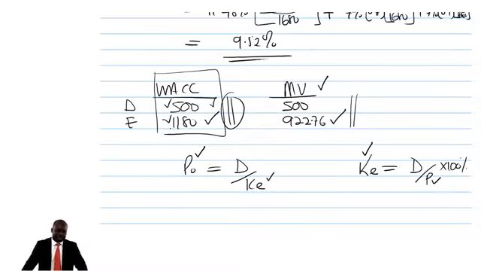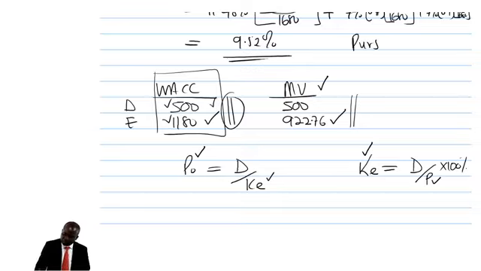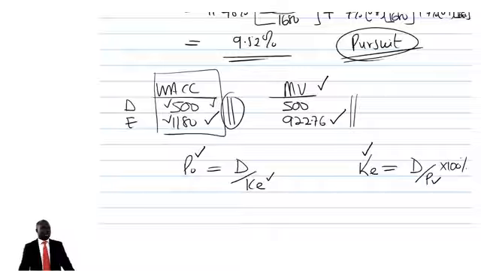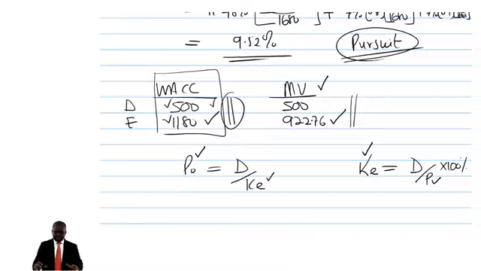I think it's June 2011. Okay, you can also have it from your revision kit. It's called Pursuit. If you try that, that is what you can get all these things very, very broadly. Have a look at that.